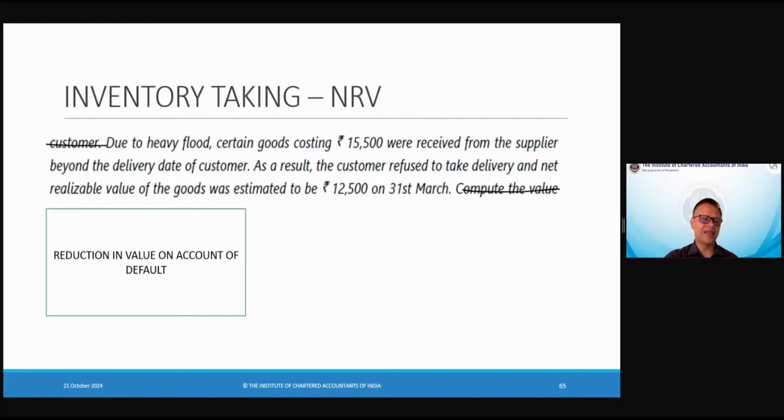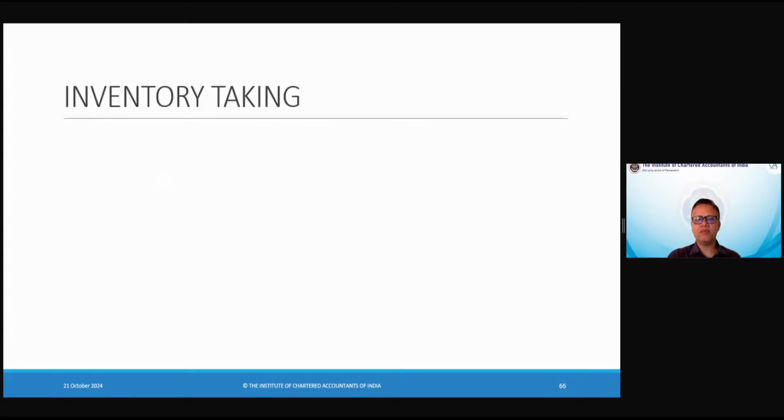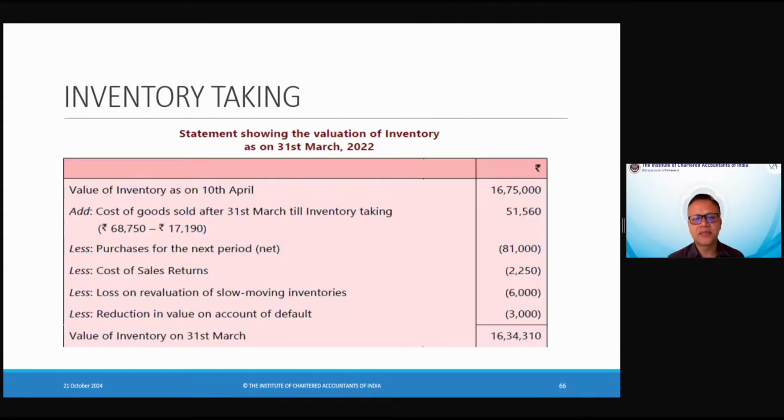So reduction in value on account of default. Your write down is happening. 15,500 is the goods which is costing actually, and 12,500 is the goods where the customer has decided not to take delivery. So you got an NRV value of this much. We are trying to sell it because the customer is not willing, and you got 3,000.